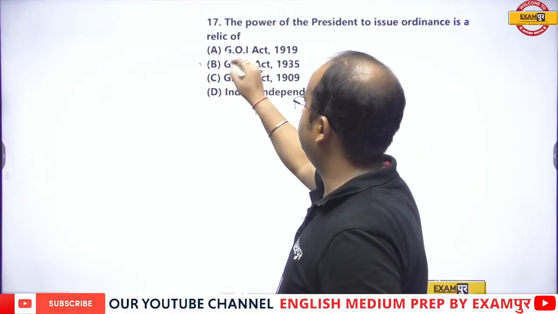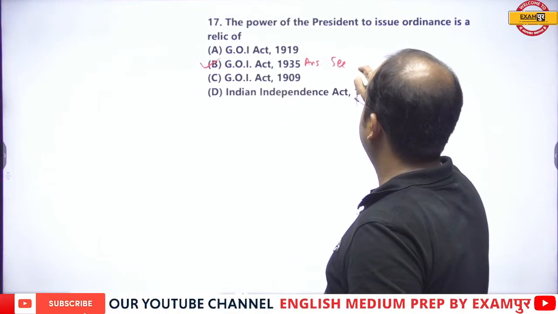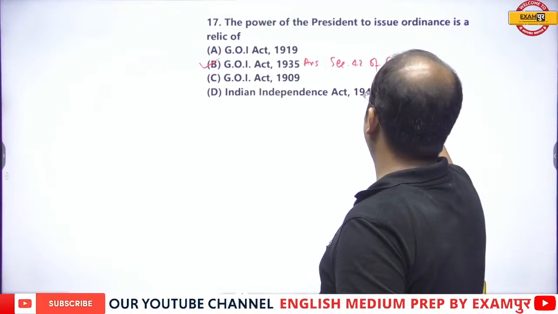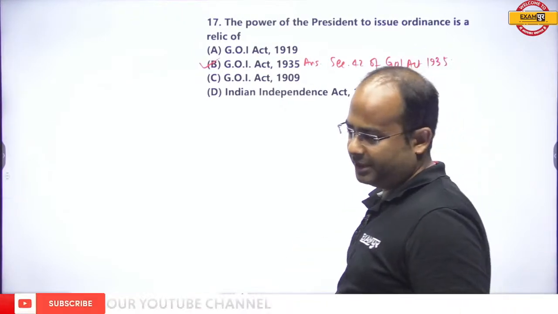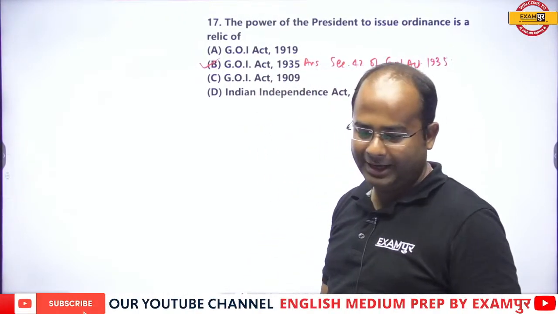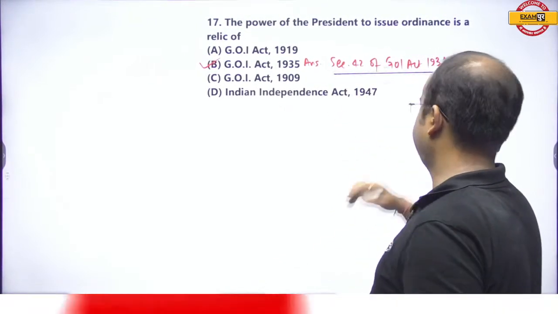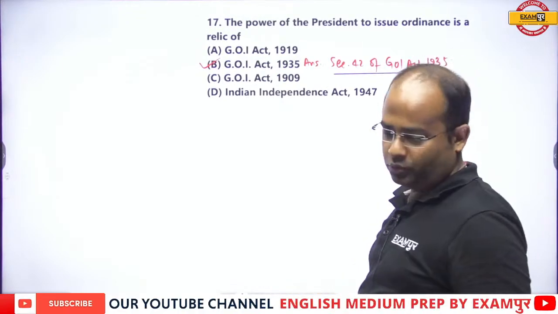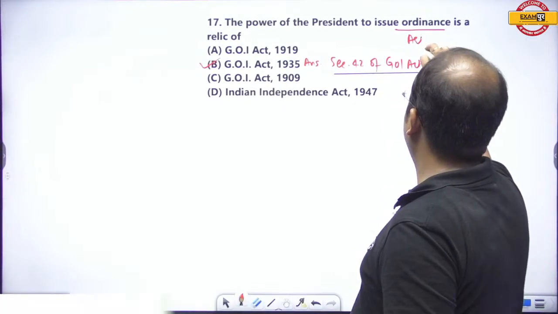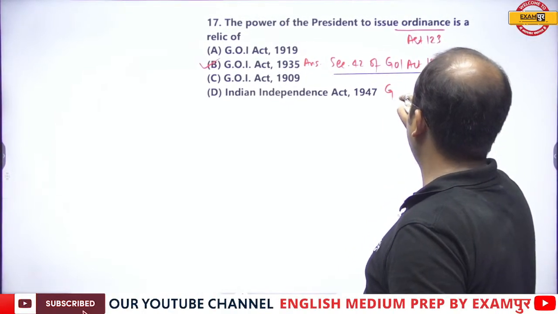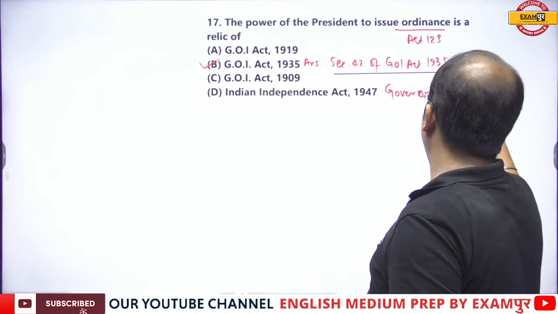Guys, the correct answer will be option B, that is Government of India Act 1935, and it is mentioned in Section 42 of the Government of India Act 1935. Section 42 of the Government of India Act 1935: an ordinance is mentioned in Article 123 for the President, and for the Governor, Article 213.